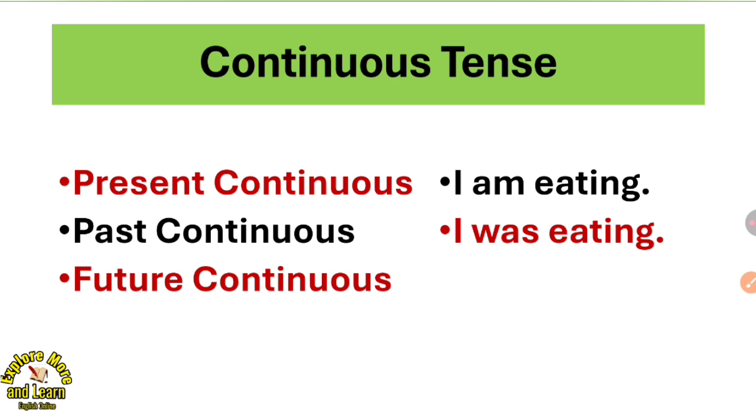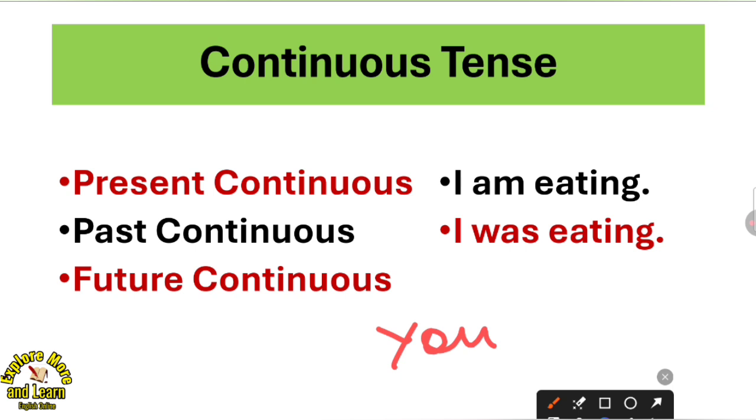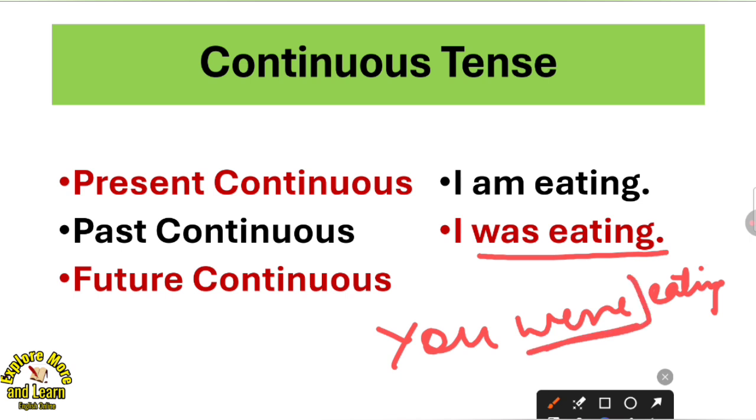Suppose I say you, and you have to write this sentence in past continuous tense. Then you will say you were eating. Why? Because we use were with you, we use were with they. So they were eating, you were eating, we were eating, but I was eating, he was eating, she was eating.